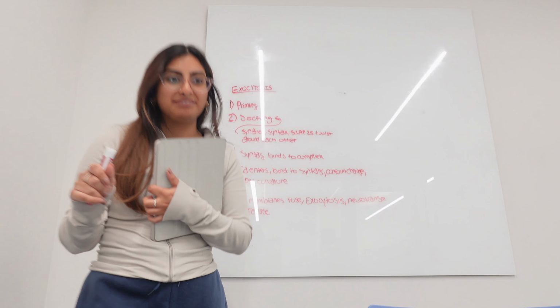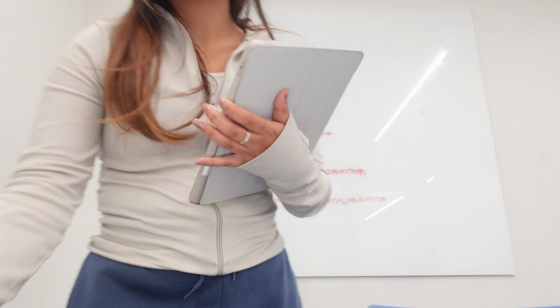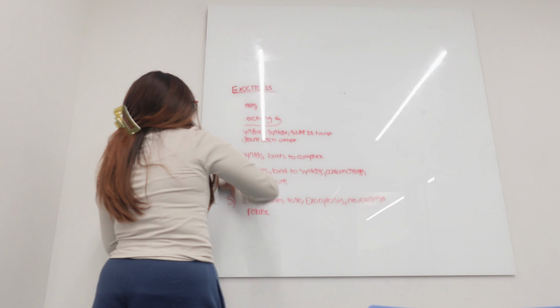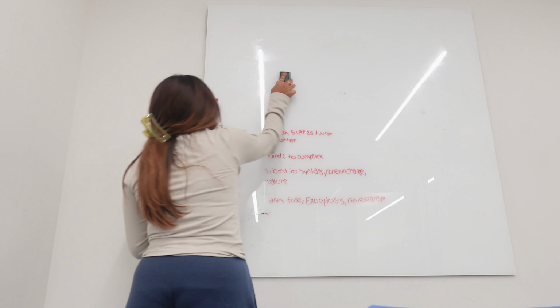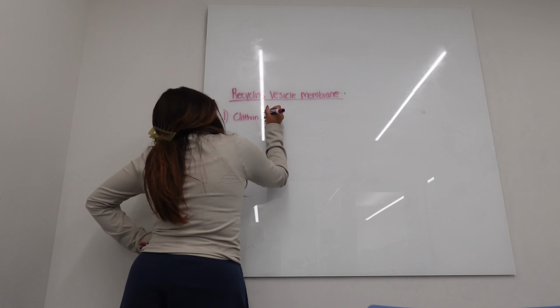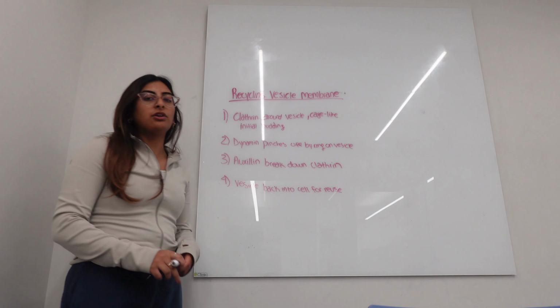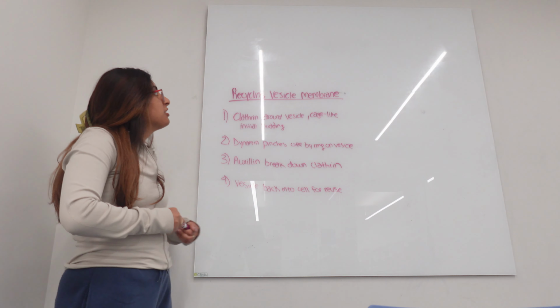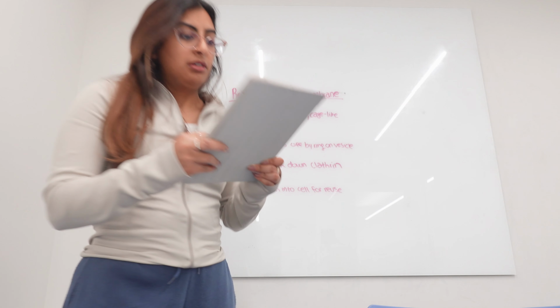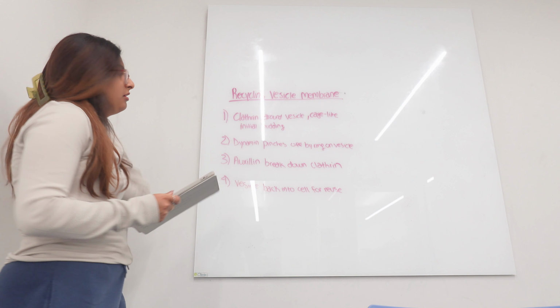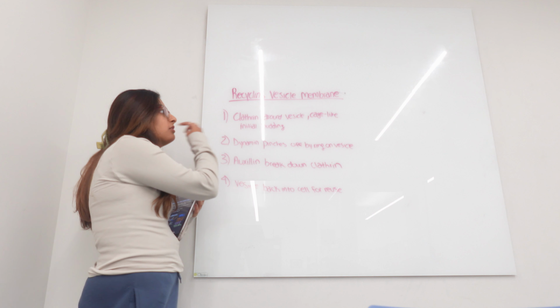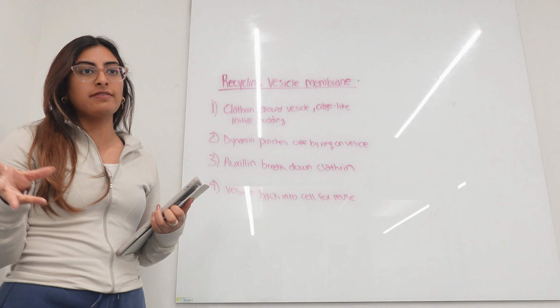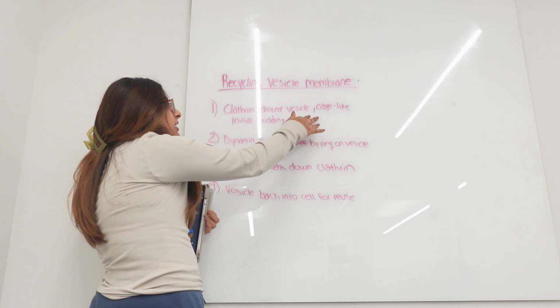Okay. Next, let's talk about vesicle reuse. Here's a simplified version of recycling the vesicle membrane. So first, clathrin attaches to the vesicle during the initial budding of the vesicle and forms a cage-like structure.